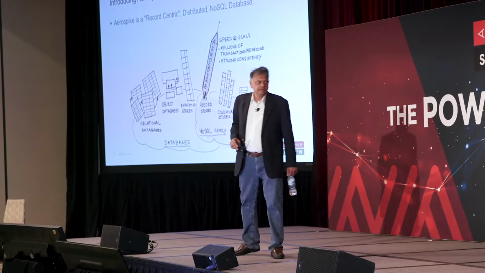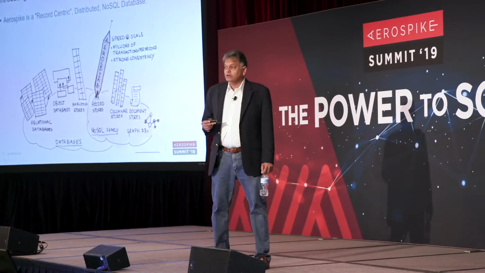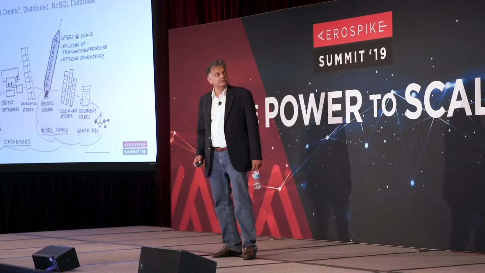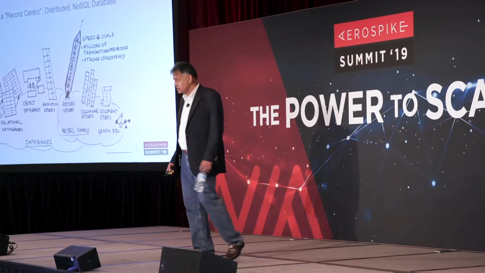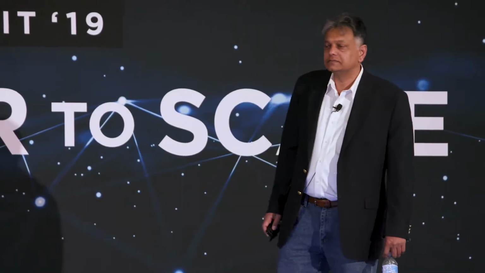We shine in the record-centric distributed database. And what we offer you is speed at scale. That is the key. Millions of transactions per second is what you can achieve with strong consistency. That's the name of the game. We are strongly consistent, which means we don't lose writes, and we don't give you stale reads. So that's the mode you want to be operating Aerospike in.